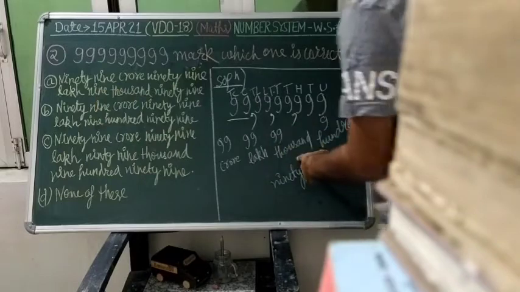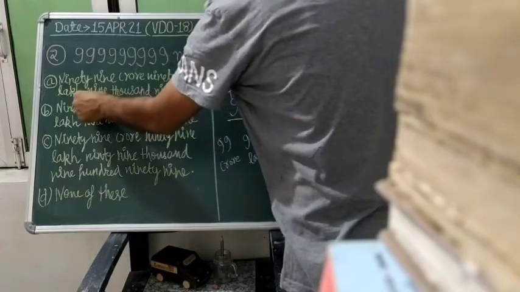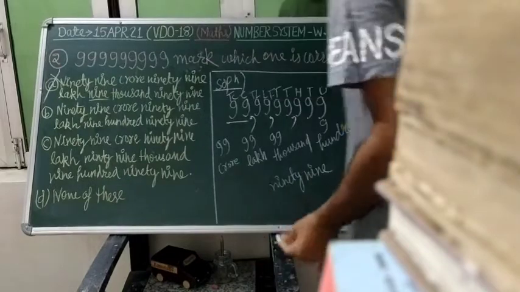Here 99,000 should be there, but they have written 9,000, so it will become wrong.